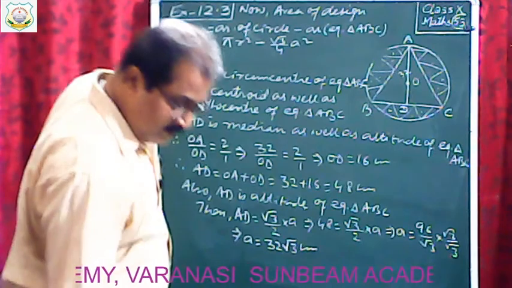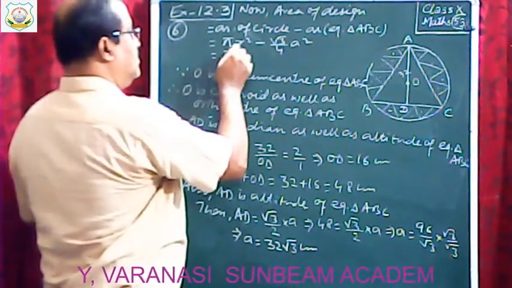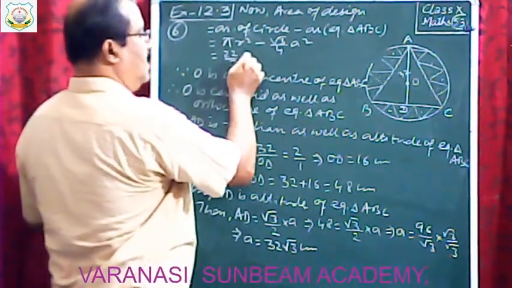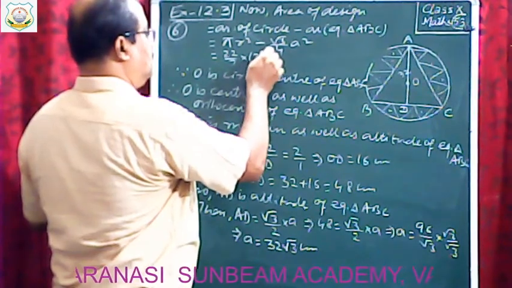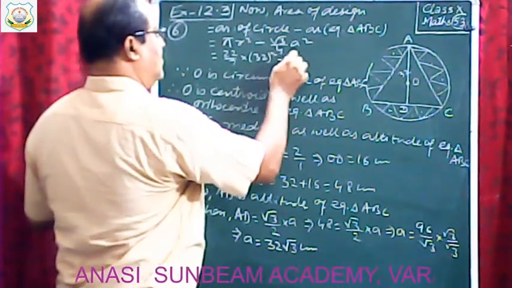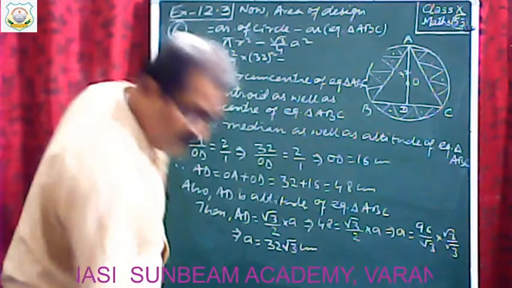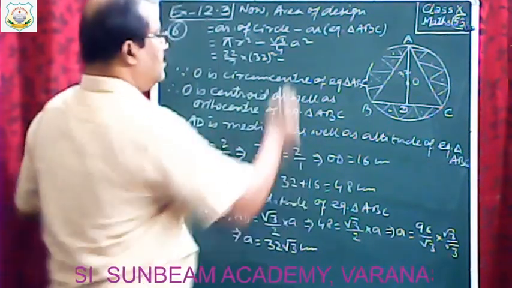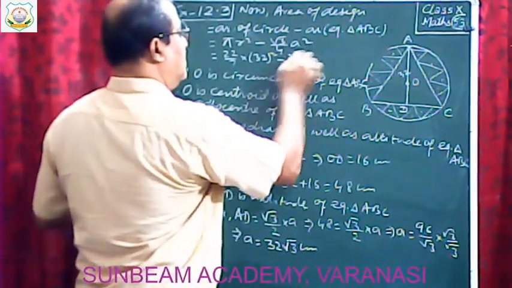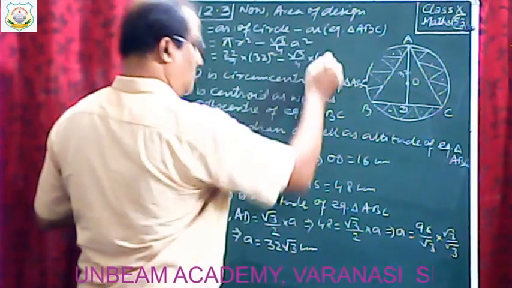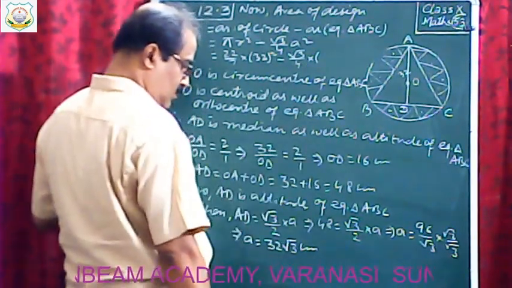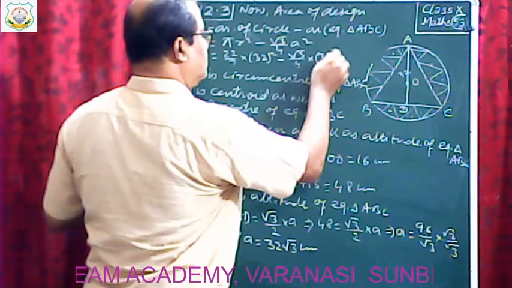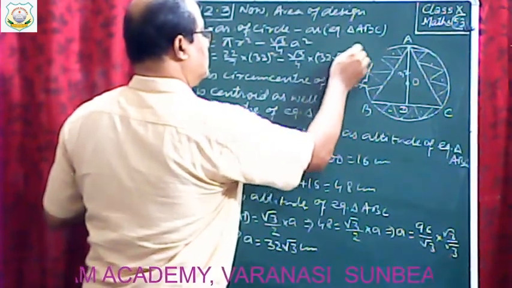Value of pi is given, no? 22 by 7 into r square, 32 square, minus root 3. Value of root 3 is given, no? Then you have to write as it is, root 3 upon 4 into how much? 32 root 3 whole square.